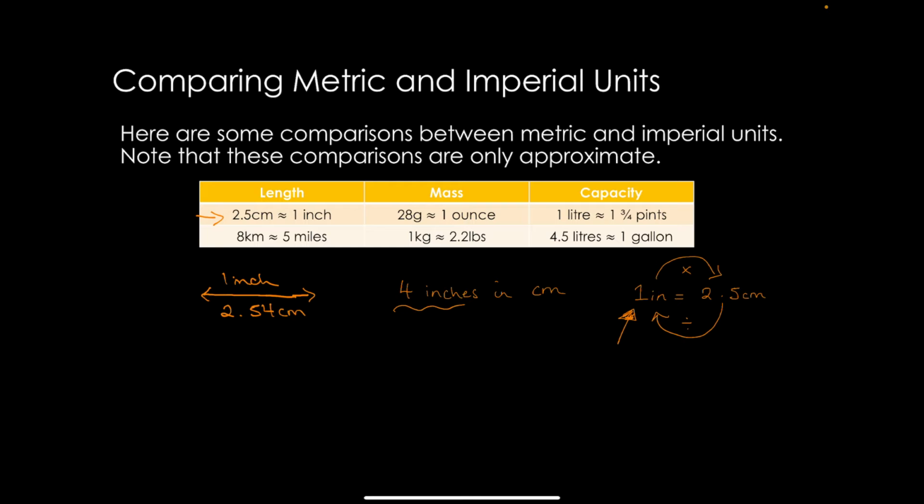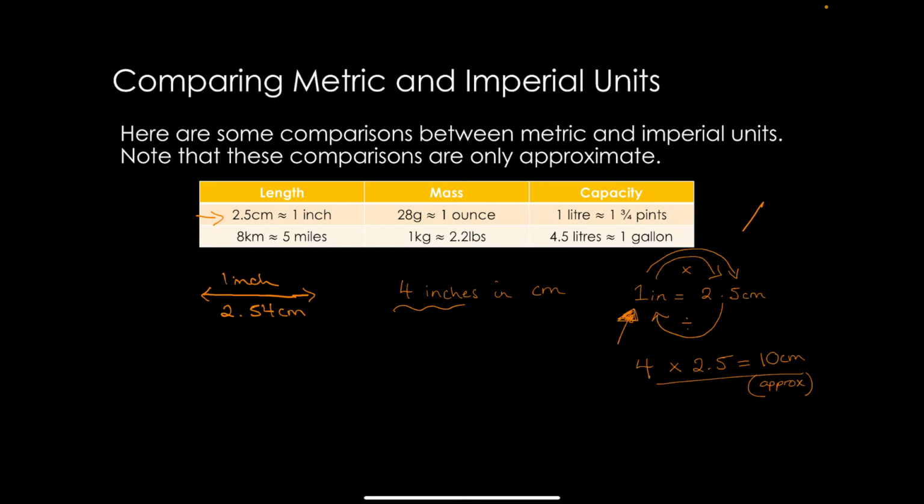And because I'm on this side of the diagram, I'm in inches. In order to get to centimetres, I'm going to have to times. So I'm going to take my 4 inches that I want to work out, and I'm going to times by the conversion rate, which is 2.5. Okay? Well, altogether, that is going to be 10 centimetres. So I know that 4 inches is approximately 10 centimetres.